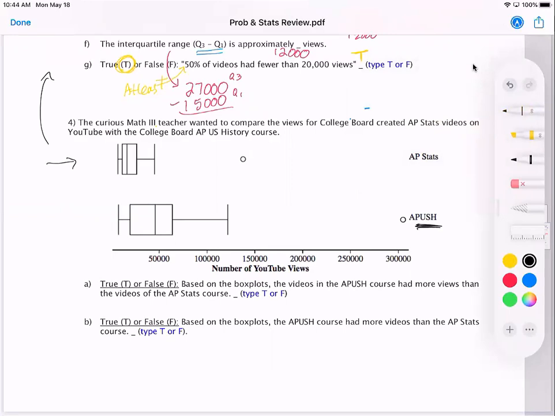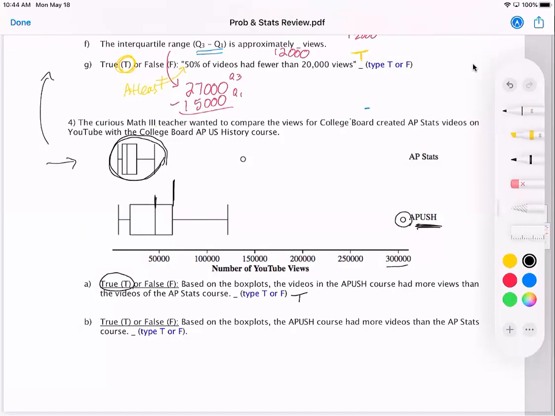So letter A says true or false. Based on the box plots, the videos in the APUSH course had more views than the videos of the AP Stats course. Well, given that it had an outlier with 300,000, and given that its quartile 3 is larger than basically all of these, and its median is basically larger than all of these, I think it's a fair statement to say, yes, that's true.